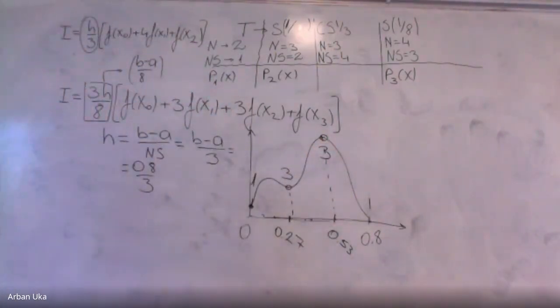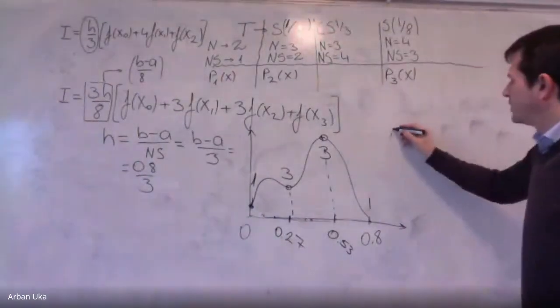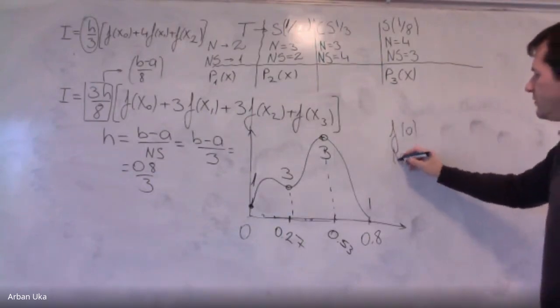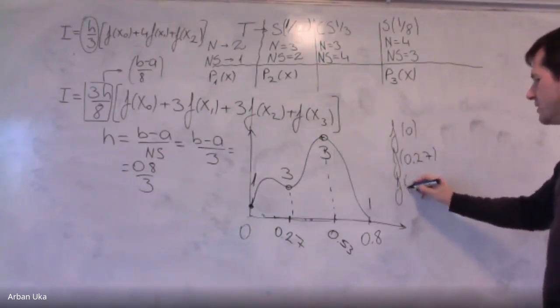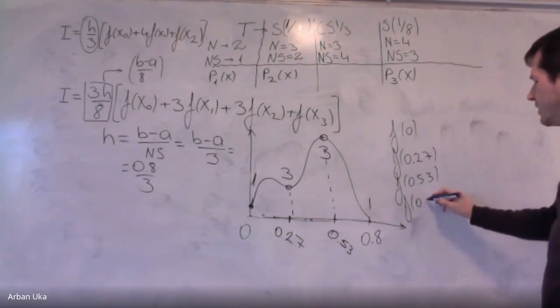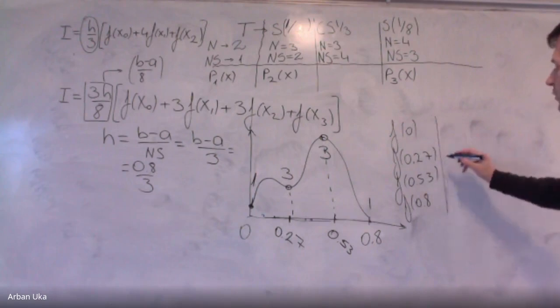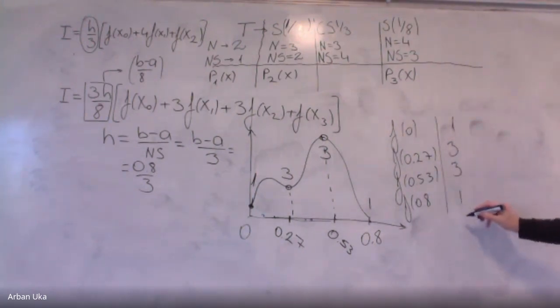So the next thing that we need to do is evaluate the function at 0, the function at 0.27, the function at 0.53, and the function again at 0.8. Once we have these, we multiply these with their respective coefficients, 3, 3 and 1.